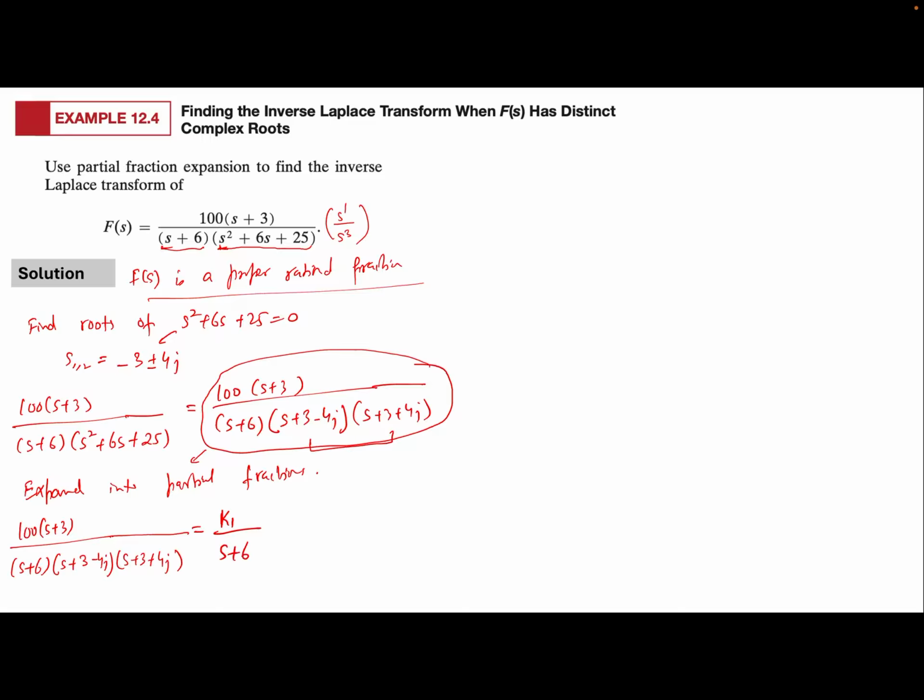This is a distinct root. Then we have again two roots, which are complex in nature, right? And we have seen in the rules how to deal with it. I'm going to define K2, and then I'm going to define another one, K2 star or K2 prime, which is the complex conjugate of K2. So K2 over s plus 3 minus 4j, plus K2 star over s plus 3 plus 4j. So these are the two complex roots. There you go.